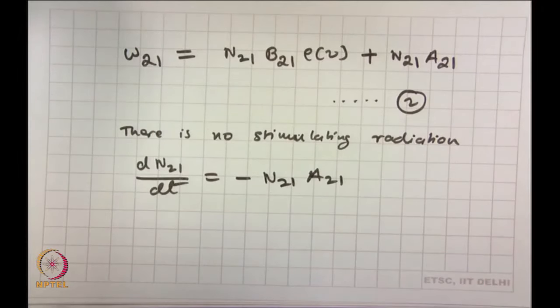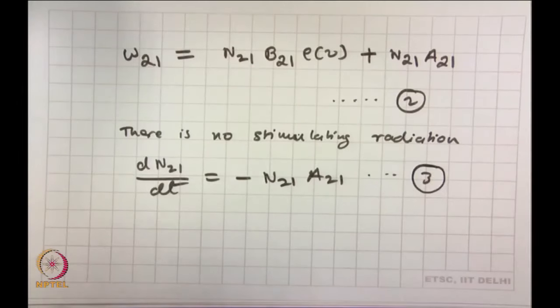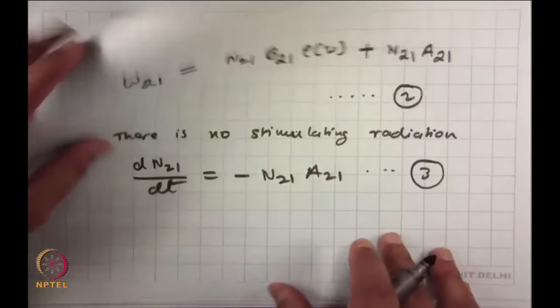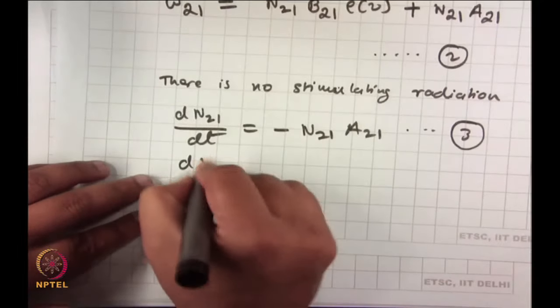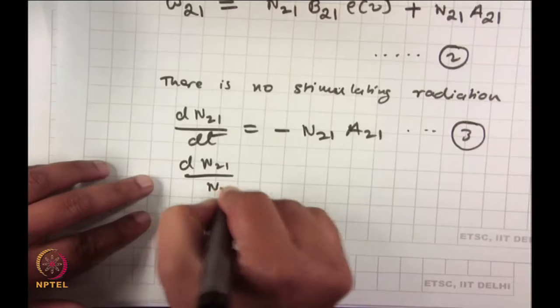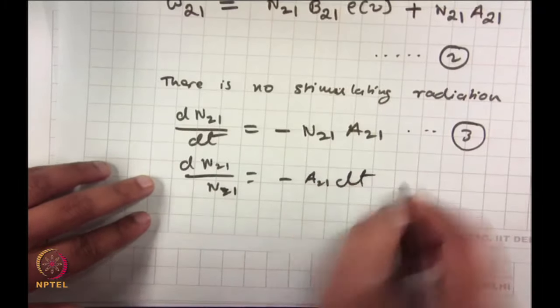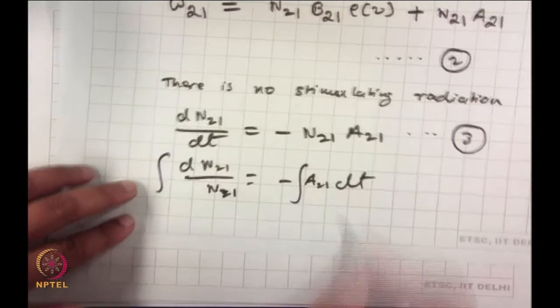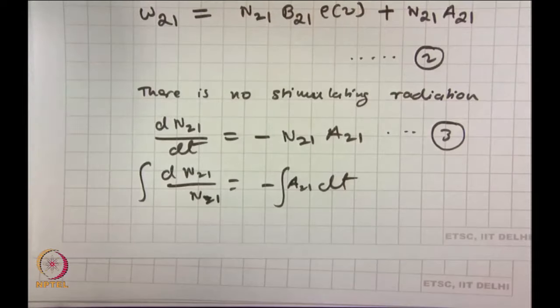Rate constant times concentration, the same here is rate constant A times the number of molecules. So, this is 3. Now you can integrate this, so you will have d n2 over n2 is equal to minus A21 d t, and then you carry out the integration. Okay. It is very simple. So, what you will be getting is this.